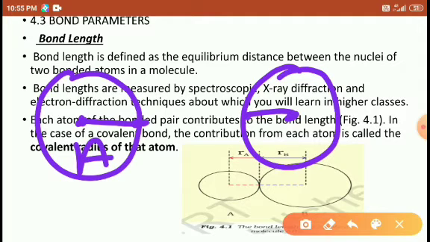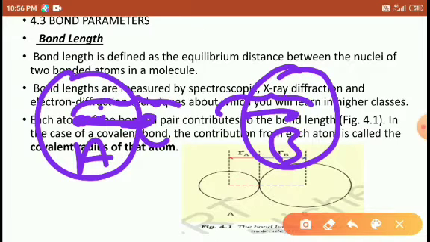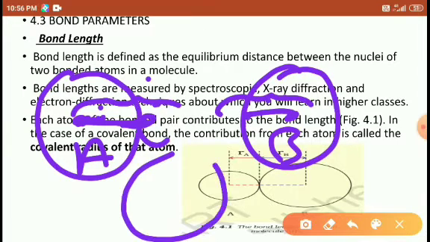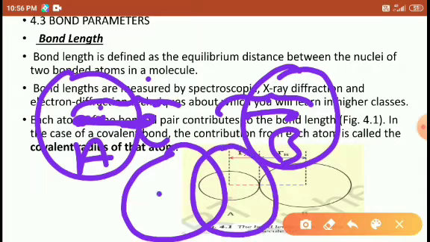This is atom A, this is atom B. So between this nucleus and the outermost electrons there is attraction. When atoms A and B attract each other, A contributes part of its radius to B, and B contributes part of its radius to A, so both are intermixed like this.